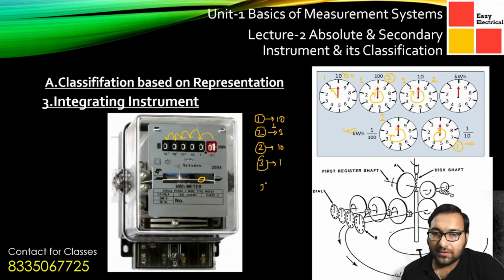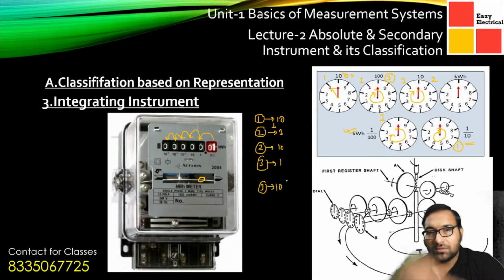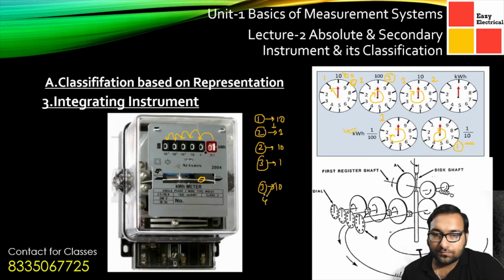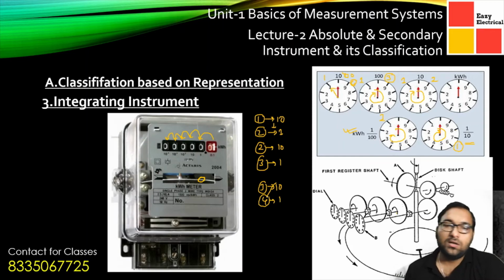Now if dial 3 completes one complete revolution, then dial 4 will show reading 1. So like that you can understand the arrangement, and this thing will also be taken care of in our energy meter part as well.